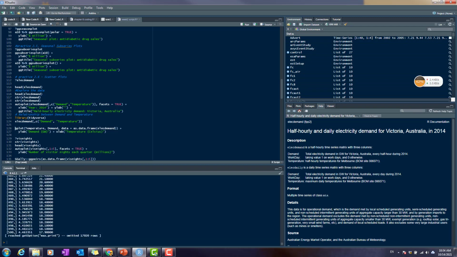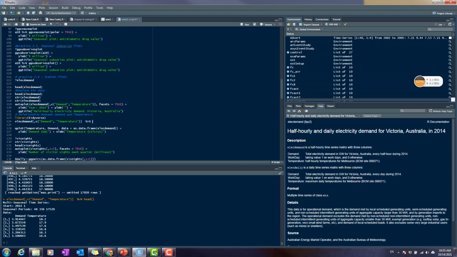Let's check it. Yes, this is the data. There is a lot, but for example, if I want to see the head of the data, let's check it. Yes, this is just the demand and the temperature, you see it.